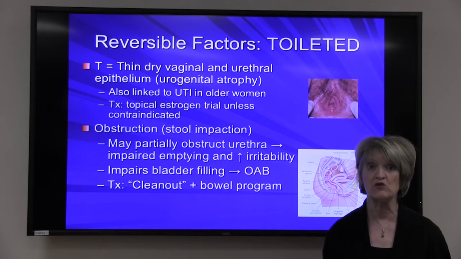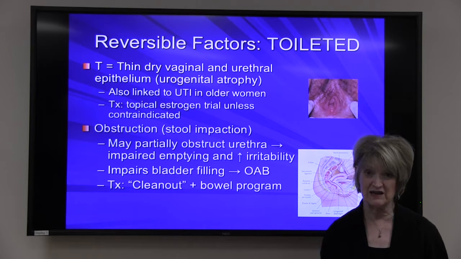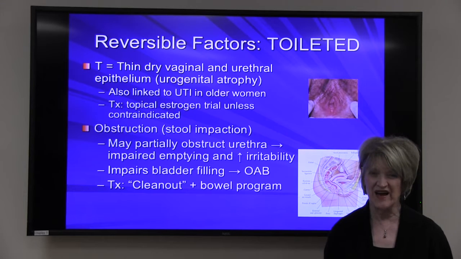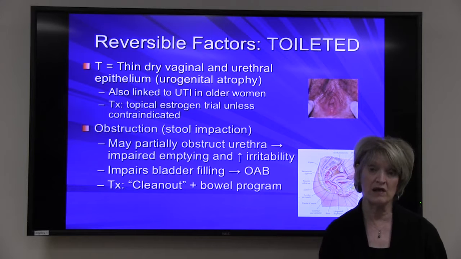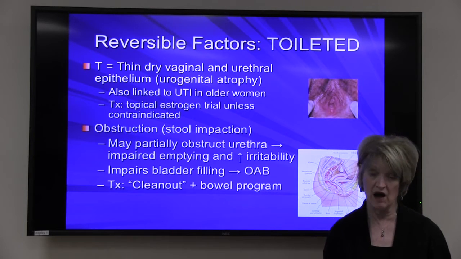In addition, women report signs and symptoms that indicate urogenital atrophy. So pain with intercourse, vaginal itching and dryness and discomfort. But more relevant to our discussion of incontinence, women frequently also report increased urgency, increased frequency, and increased risk of urinary leakage.